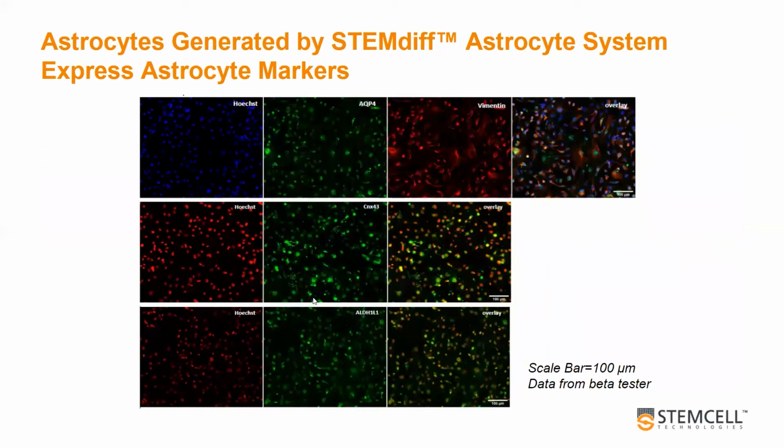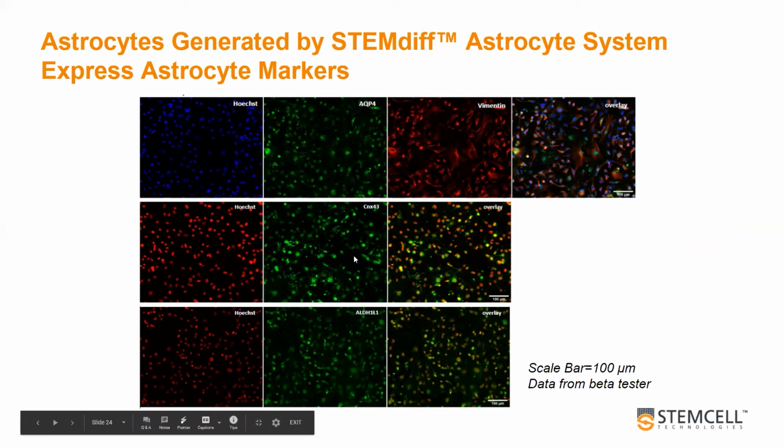Our beta tester used our astrocyte kits, and their data showed that besides S100B and GFAP, our astrocytes express a series of astrocyte markers, as shown here in the figures.